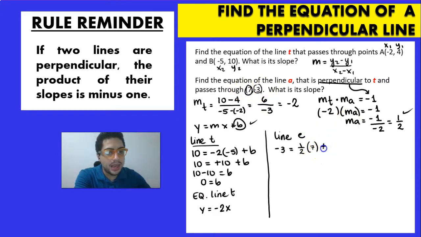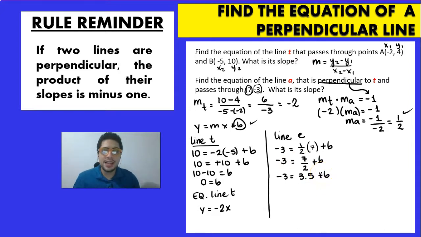And then we have to add plus b, right? So -3 is equal to 7 divided by 2 plus b. And 7 divided by 2 is equal to 3.5, plus b. Because that 3.5 is adding, we move it over and it subtracts.